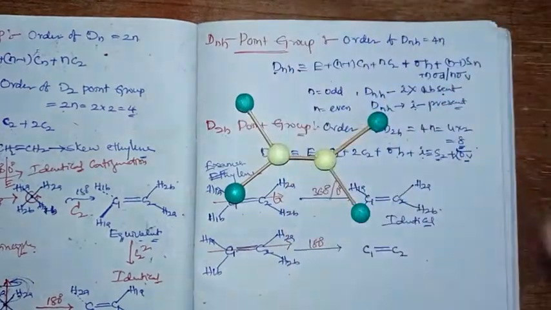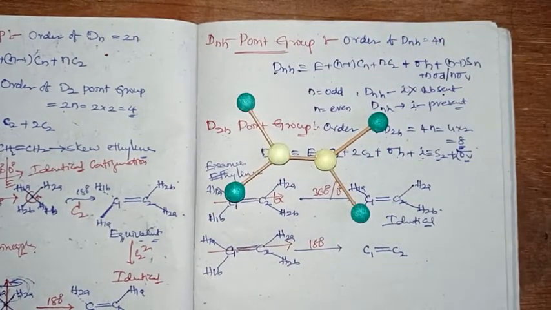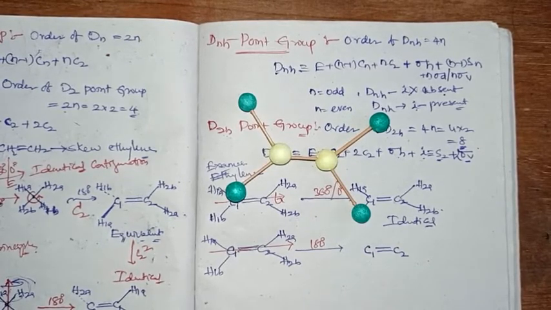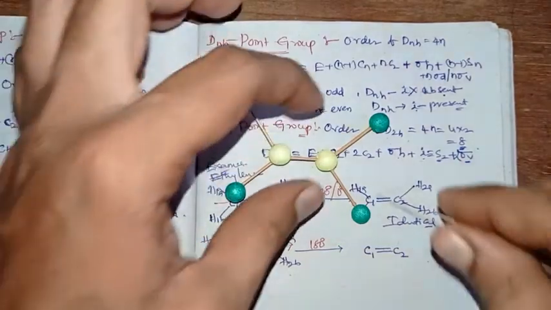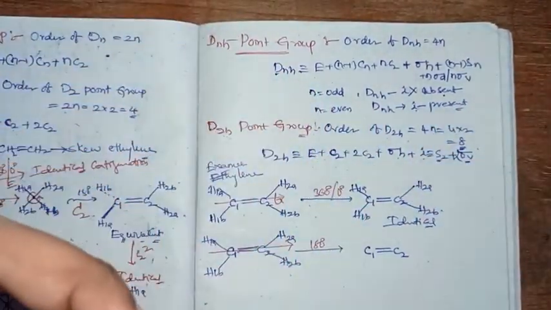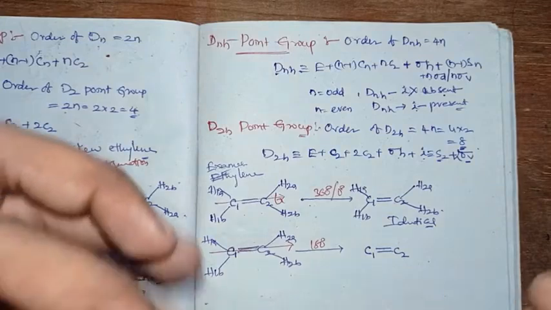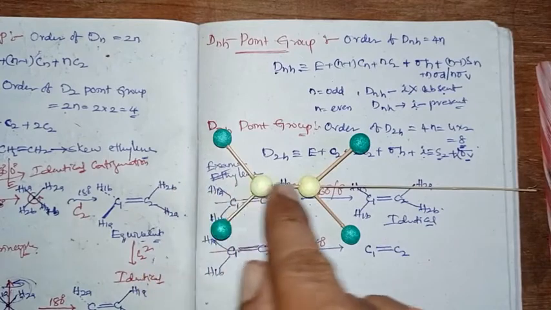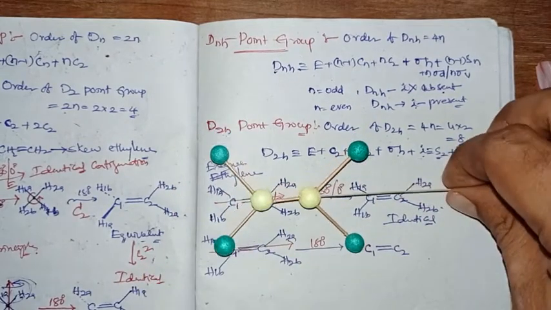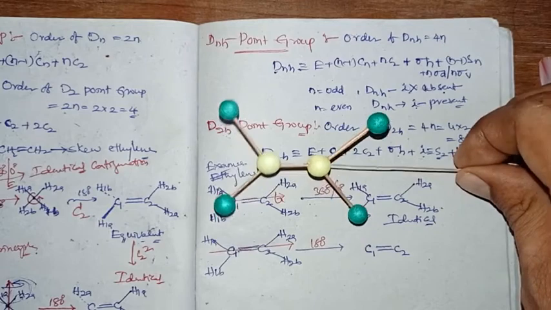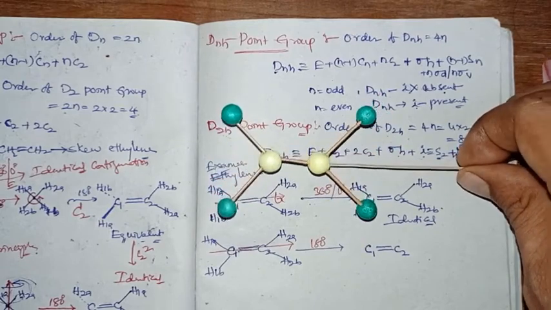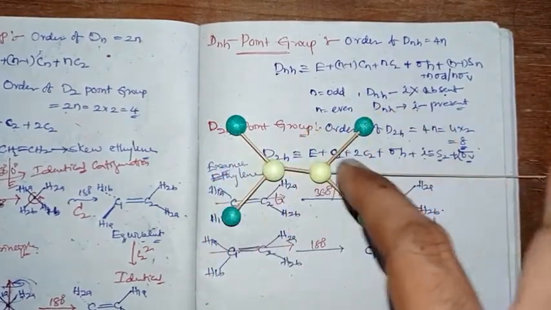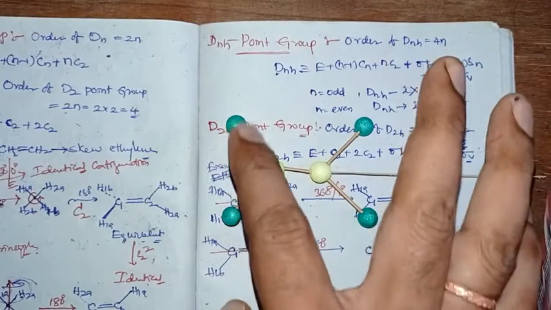So this is the molecular model we can take, and here we do a 180 degrees rotation with the help of one rotation axis which passes through the carbon-carbon double bond. What happens? The carbon positions get retained but the hydrogens of the methylene groups get exchanged, right?